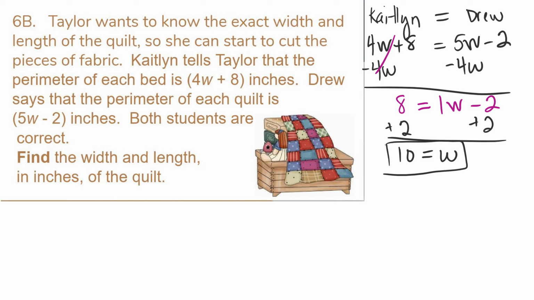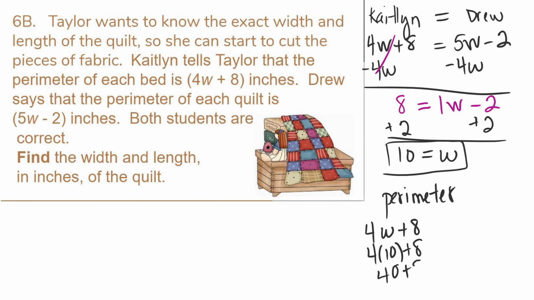All right, so if I have to find the length, well, I'm not sure about the length of this, but I can find the width, which is 10, and I can find the perimeter. If Caitlin's is 4W plus 8 and W is 10, 4 times 10 is 40 plus 8, so hers is 48.